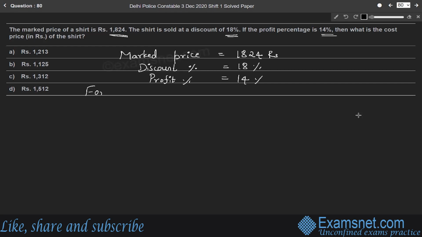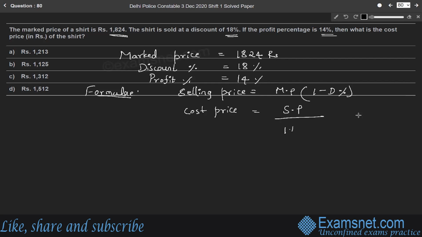For this, we are using two formulae here. So first is for selling price. So selling price is equal to market price MP into 1 minus discount percentage, right? Whereas cost price is equal to selling price divided by 1 plus profit percentage.